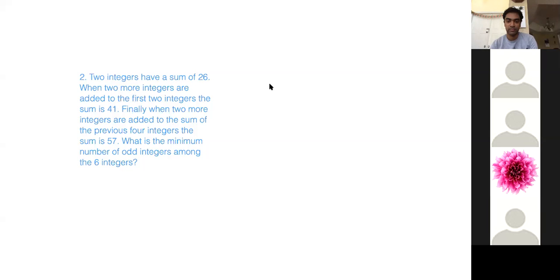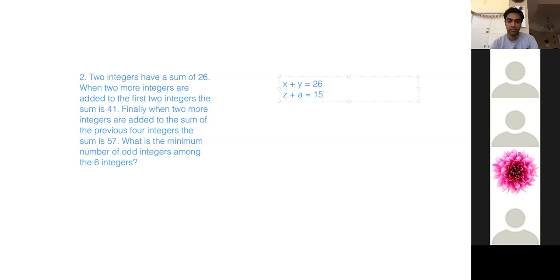Yeah. So basically, I just did 3 different equations. I did x plus y equals 26, w plus c equals 15, and u plus v equals 16. And then I know that for even numbers, it could be odd plus odd, or even plus even.